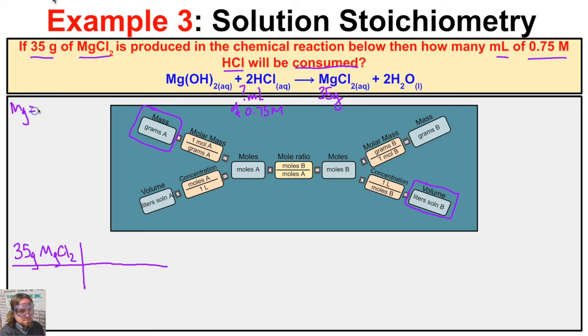Well, if we take a look at our periodic table, magnesium is 24.31 grams per mole. Chlorine, because we have 2 of them, we're going to multiply it by 35.45 grams per mole. And we're going to add these 2 together. So when we take 35.45 times 2 and add 24.31 to it, we'll end up with 95.21.